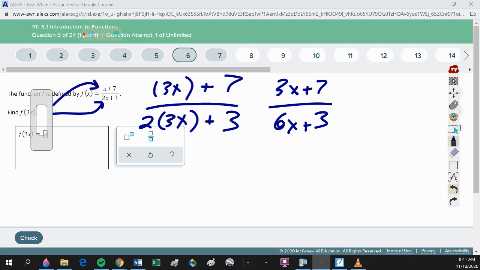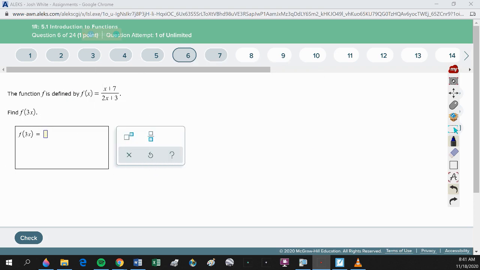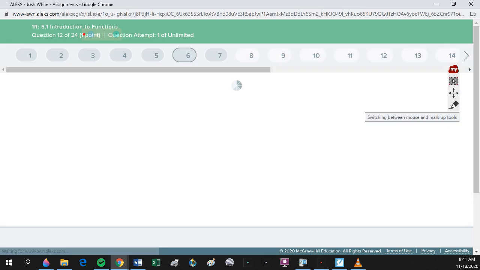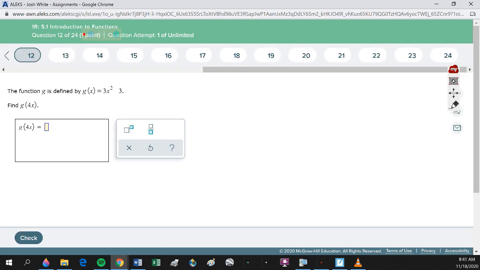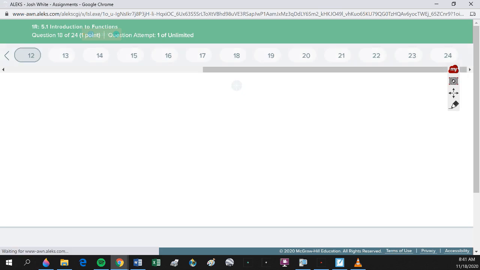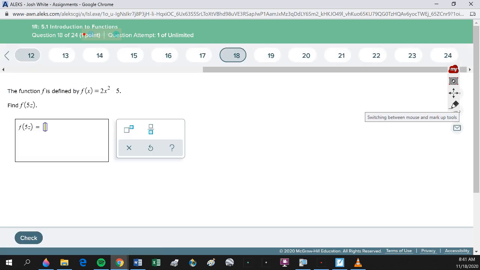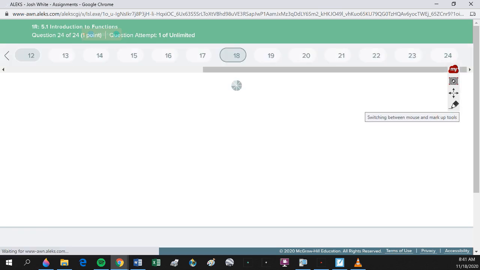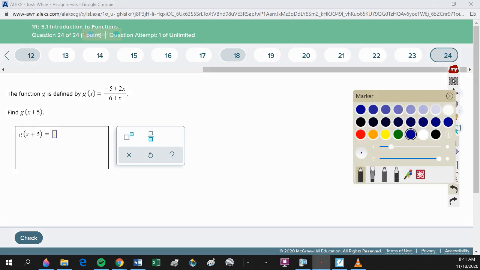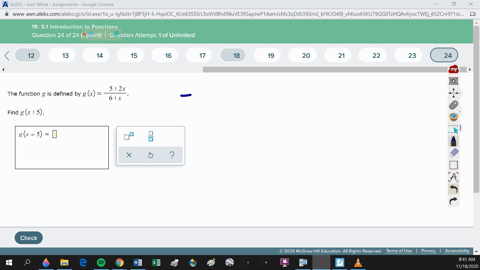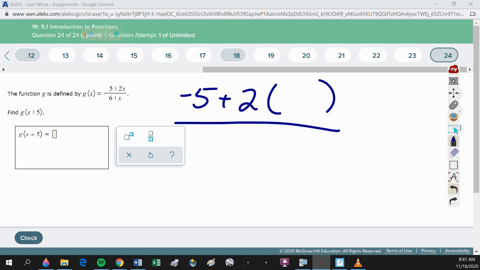Okay, now let me find one that's a little bit different from that. I don't know that it's less challenging. Maybe it's not going to give me one. Here we go. So I have my function that says -5 plus 2 times something divided by 6 plus something. And what is the something I'm plugging in?